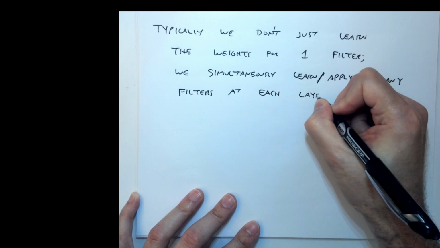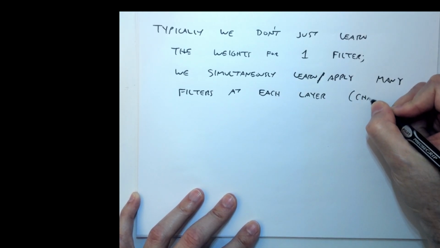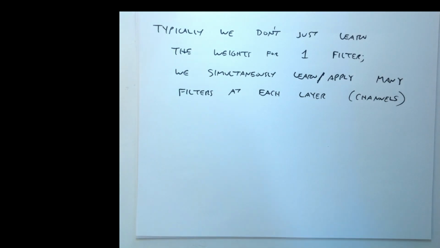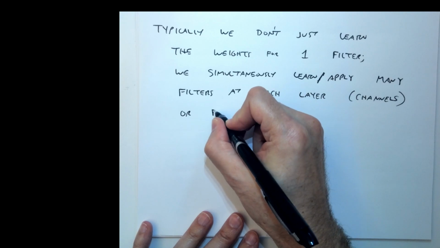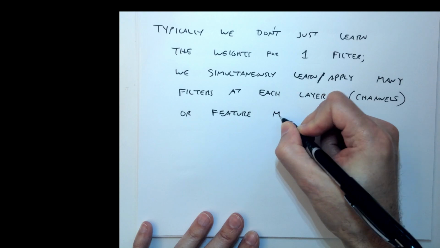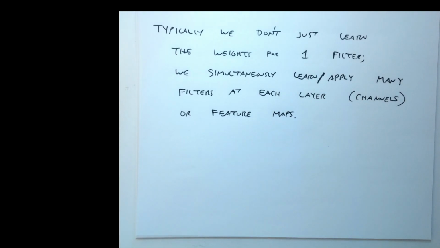At each layer, these are called channels or feature maps. I'll show you in a second. I didn't prepare one, but I'm sure I can just Google one.